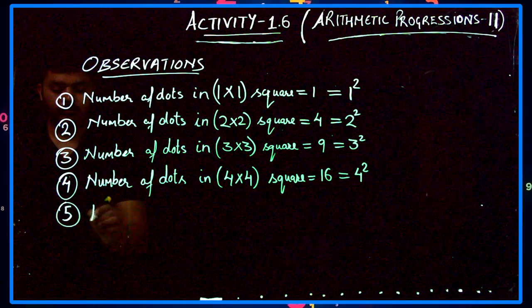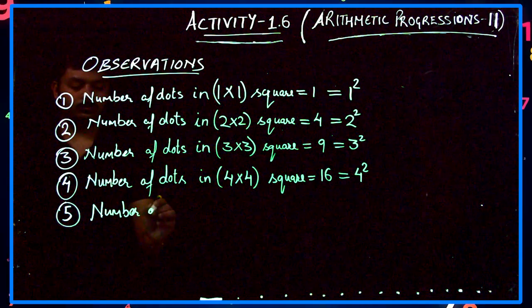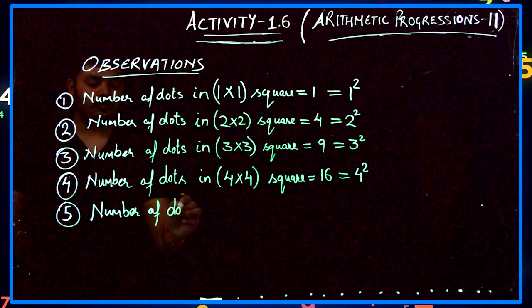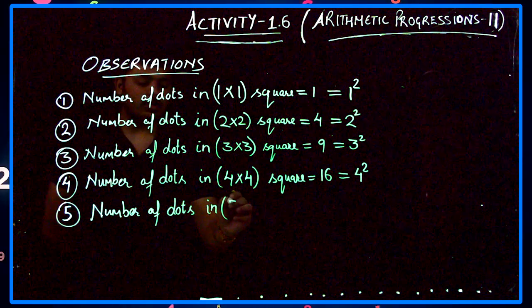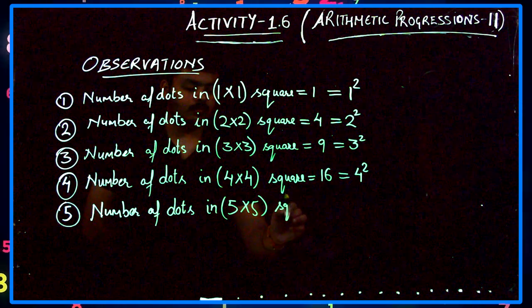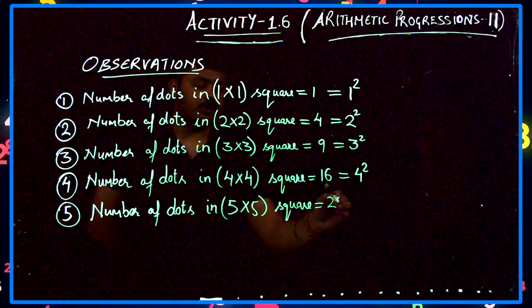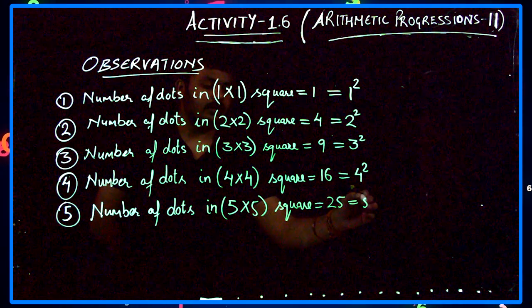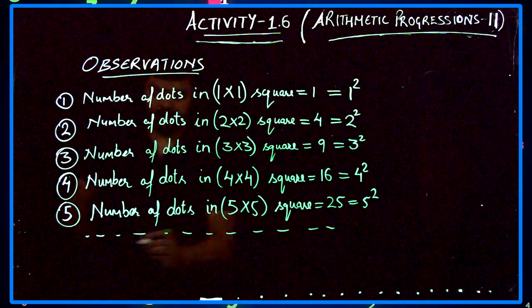Similarly, the number of dots in the 5 by 5 square equals 25, so we can write it as 5 square.